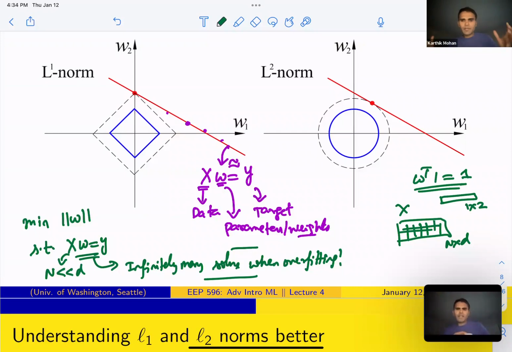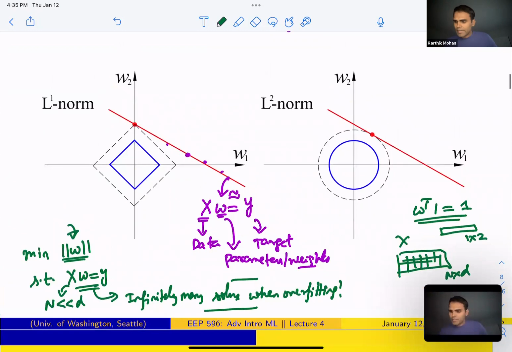So there are infinitely many solutions. Which one are you going to pick? Then we say, well, pick the one that has a small overall weight, as per an L2 or an L1 norm. So you minimize the norm of that parameter or weight vector subject to this linear system. This is where the geometry gets very interesting. Let's say you want to minimize the L2 norm.